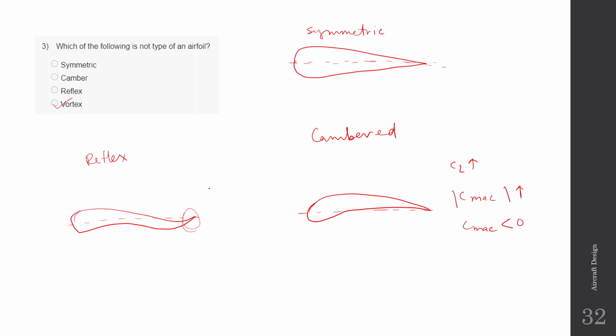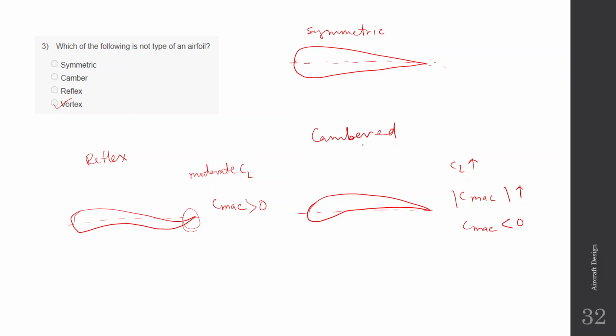This one has moderate CL, but your CMAC will be greater than 0. So this is a reflex aerofoil.